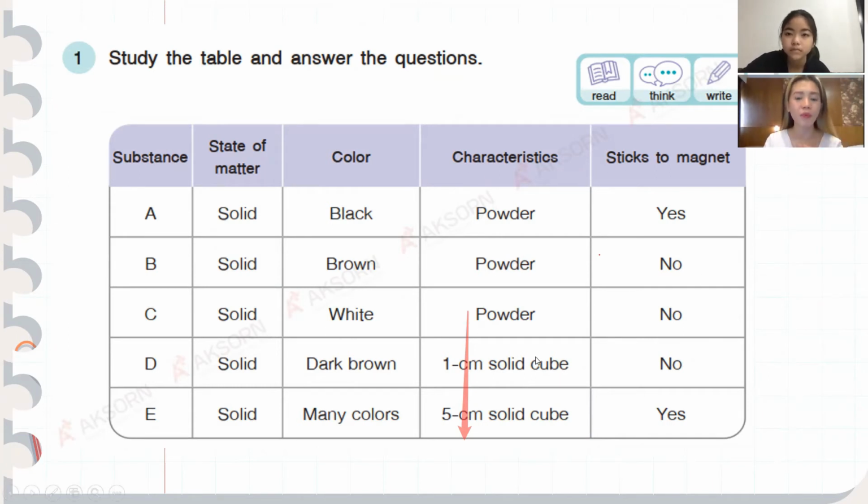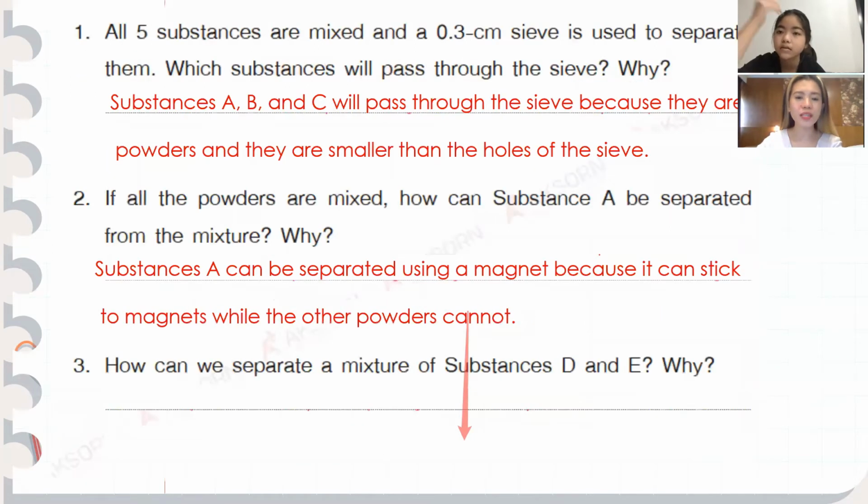So how do we separate materials that are large enough to be handpicked? I already told you the answer. Hand picking, very good. We are going to separate the substance by hand picking.